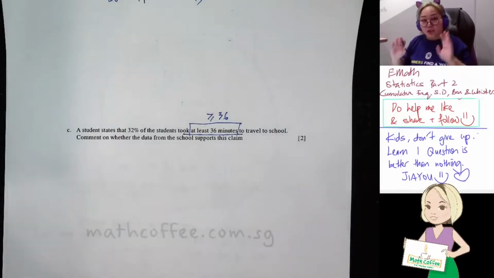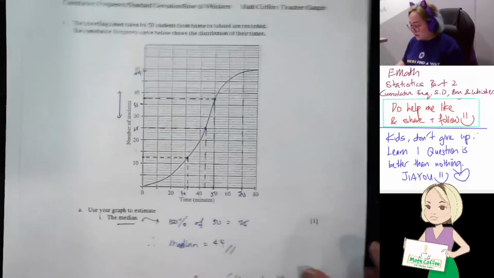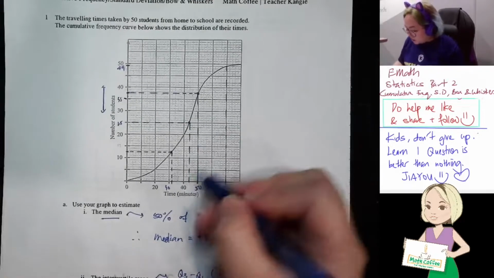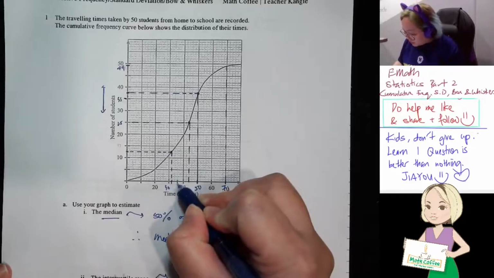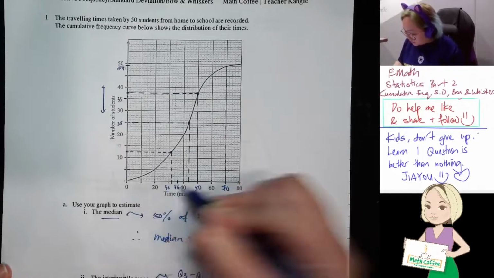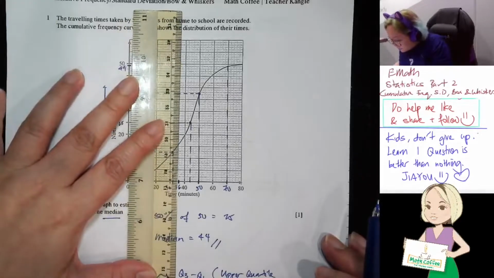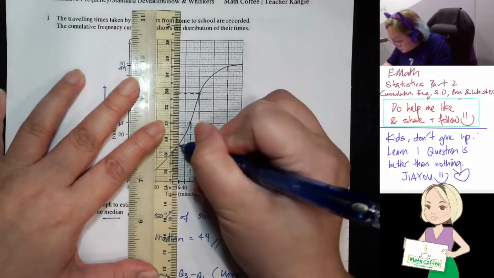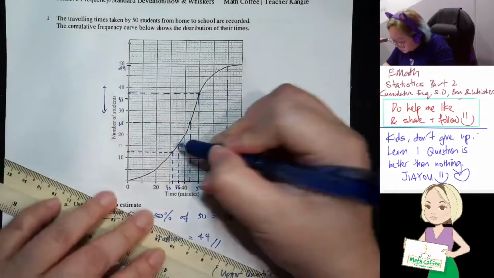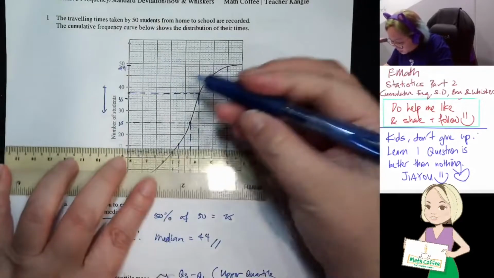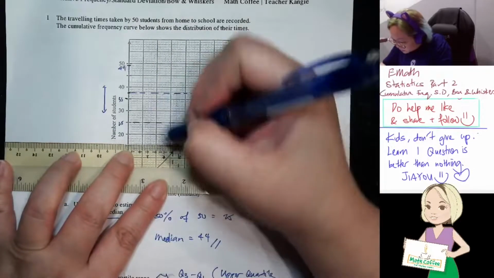So in this situation, I will go and find my 36 first. 32, 34, 36. 36 is here. So you will go up, dot, dot, dot, this point here.